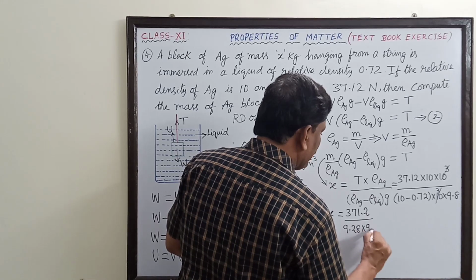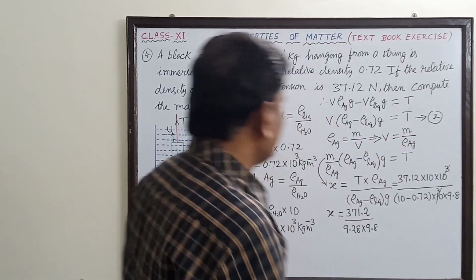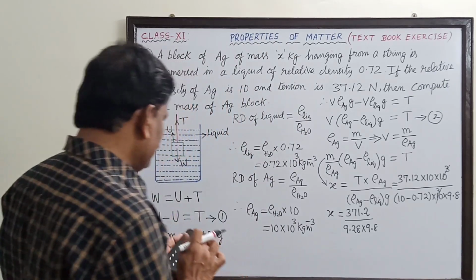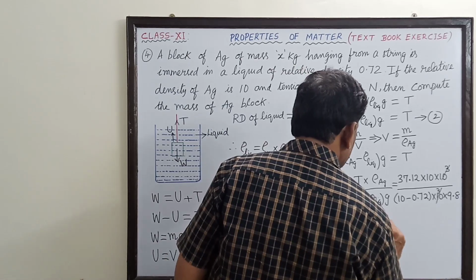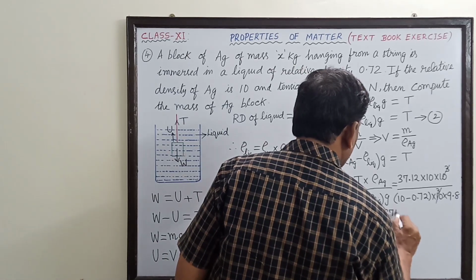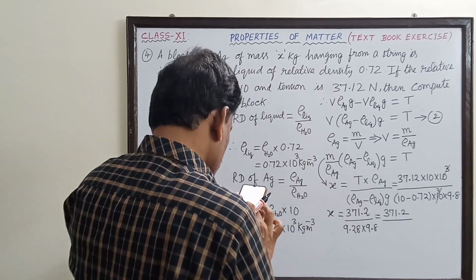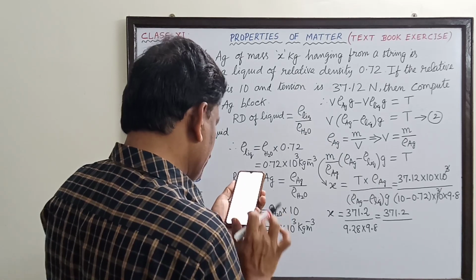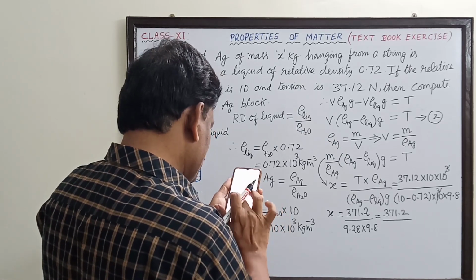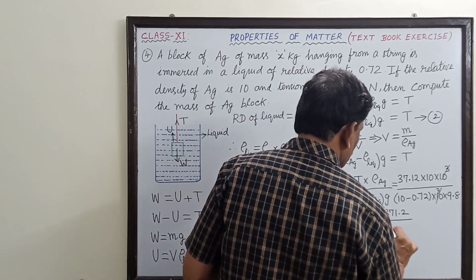So this is 9.28 multiplied by 9.8. I am going to use the calculator to find the product. 9.28 into 9.8, this product is 90.944.